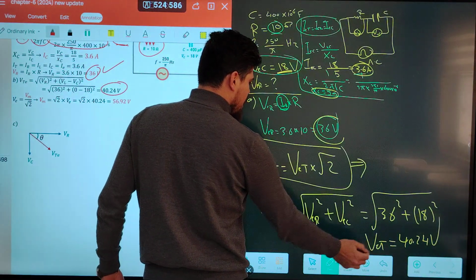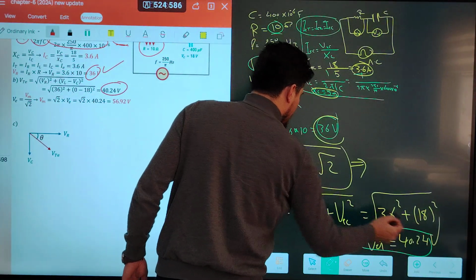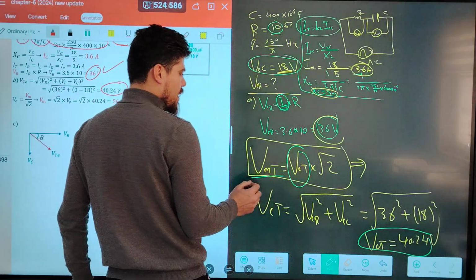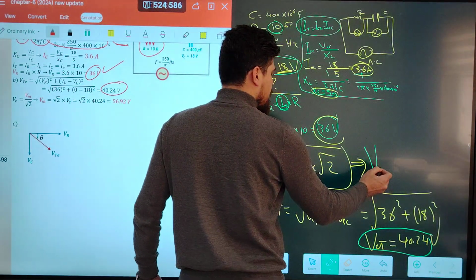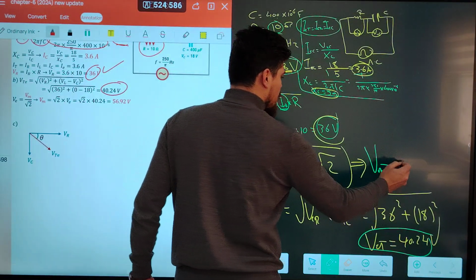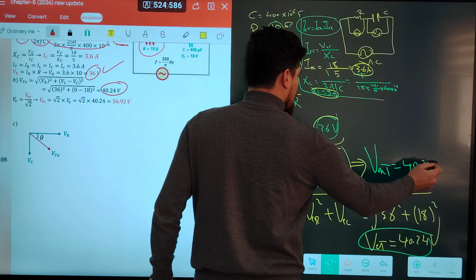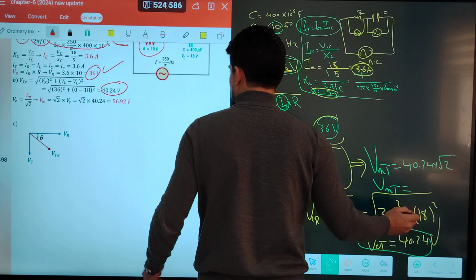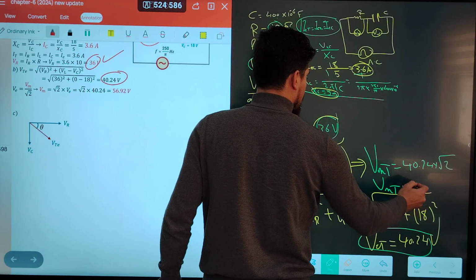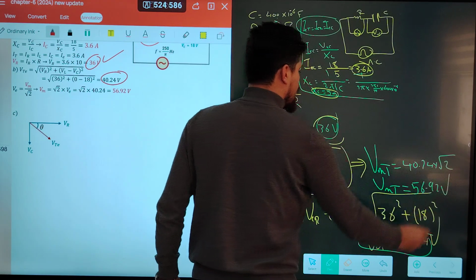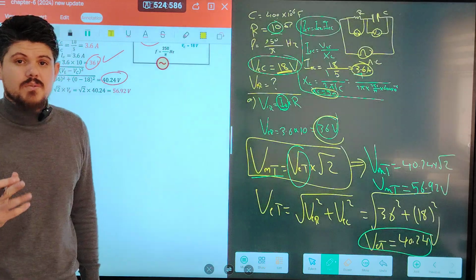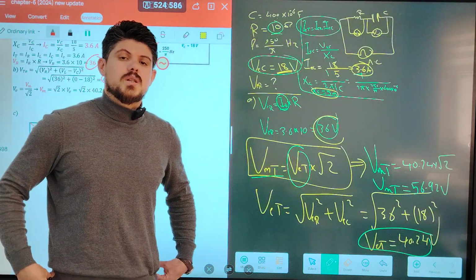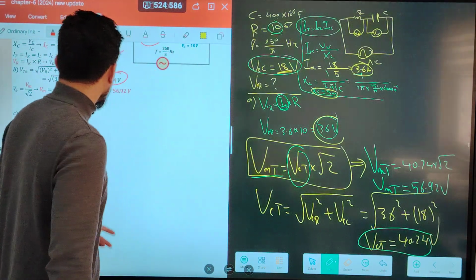So you have to replace this effective value into this equation in order to find V maximum. V maximum total now is equal to this number, 40.24 times radical of 2. V maximum total is equal to 56.92 volt. This is the maximum value of potential difference across the source.